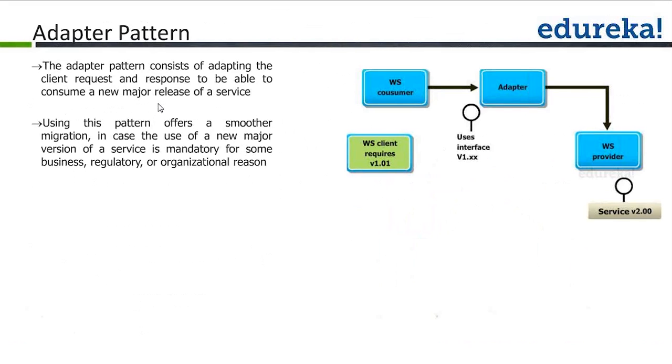UDDI is just a repository. If I come back to my second day discussion, we discussed the concept called ESB, Enterprise Service Bus, and OSB, Oracle Service Bus, is just one of the products. So when we say routing or a router, it is actually the Enterprise Service Bus which is in place.